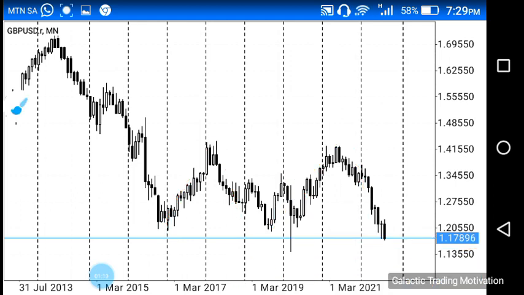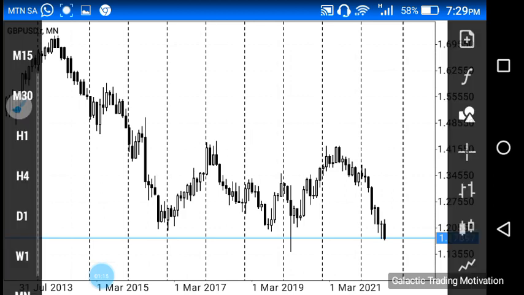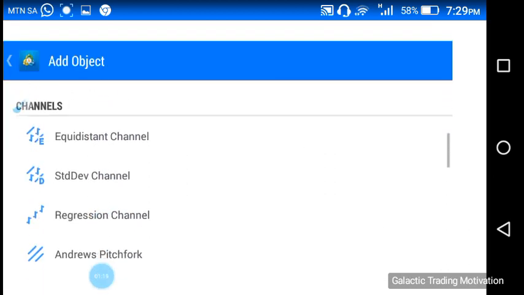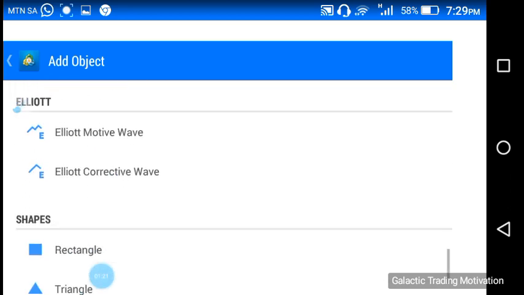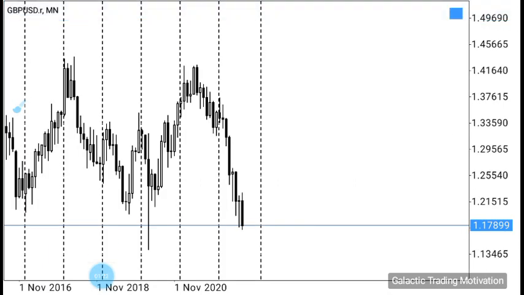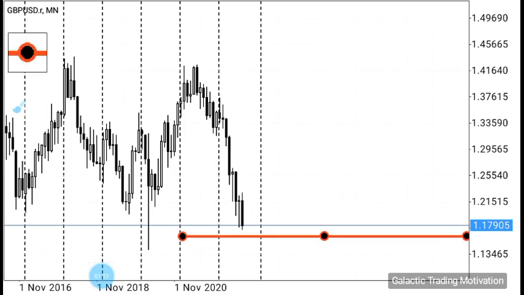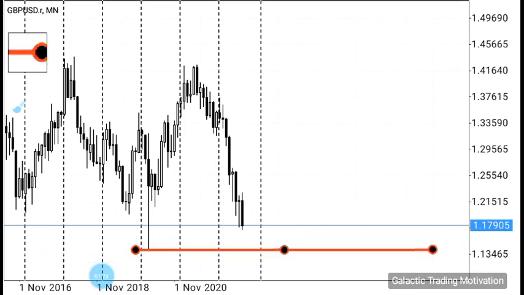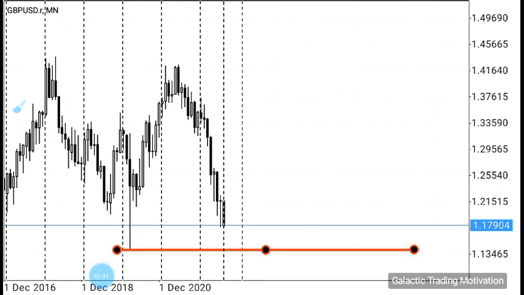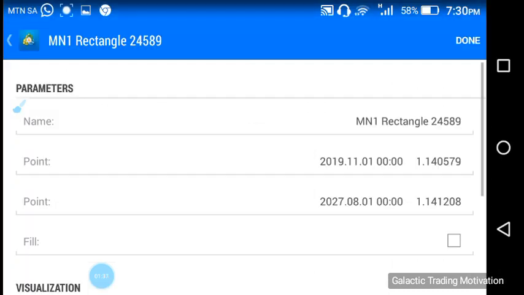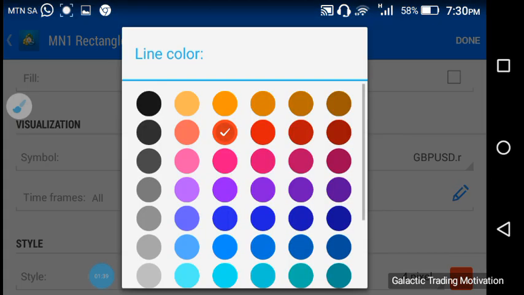So let's proceed. I'm just gonna mark that candlestick because it is very much important. Just bear with me while I mark that level, which is a liquidity level. Here we go. I'm just gonna make that a different color, let's make it a blue.